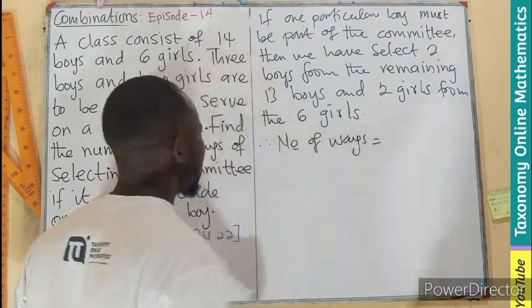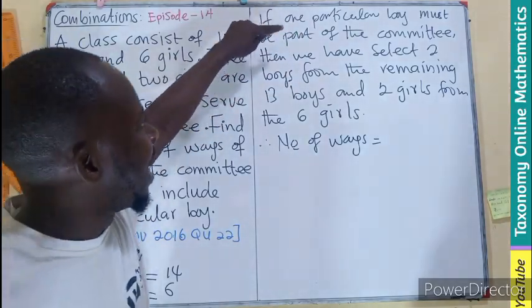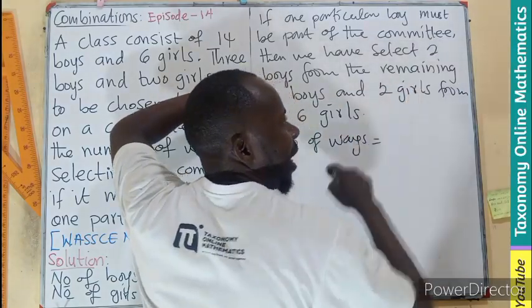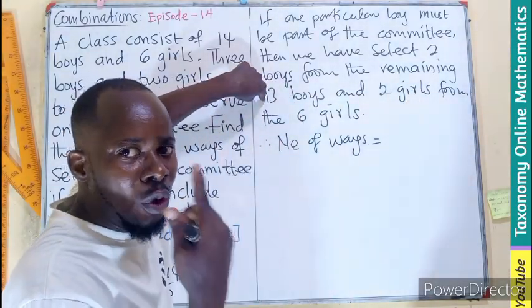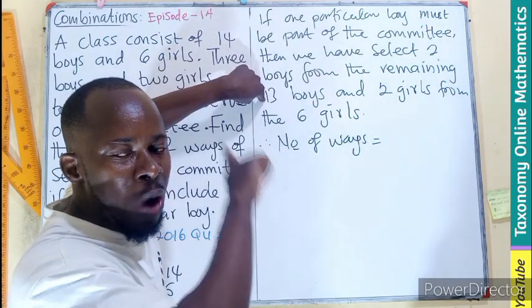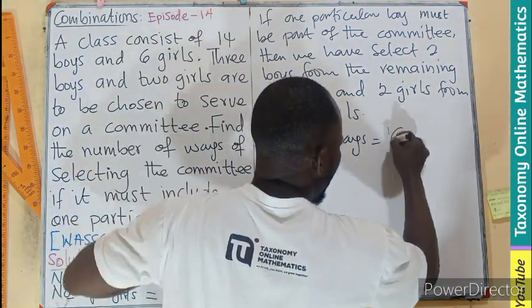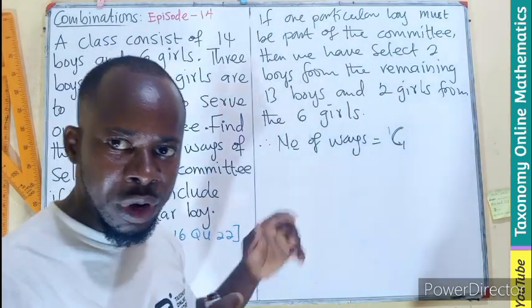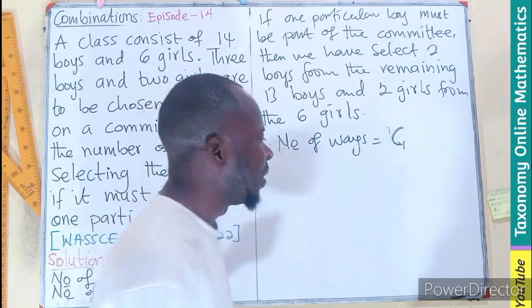So that means our number of ways of doing that selection is as follows. The boys, how many are they? They are 13. We are only going to pick 2. But we can also say that the position occupied by that one person is selecting 1. So I can say 1 combination 1, which represents that particular boy who must be part of the committee.